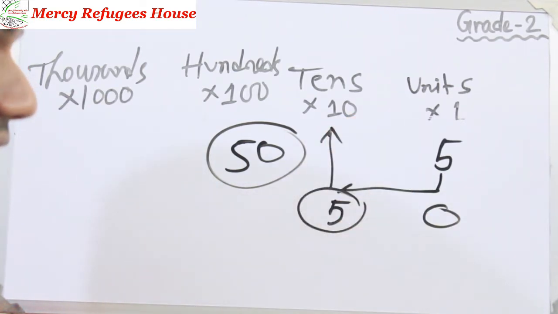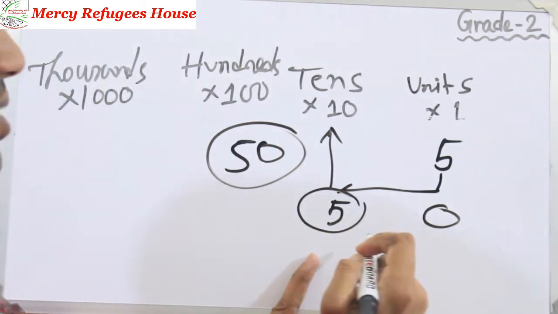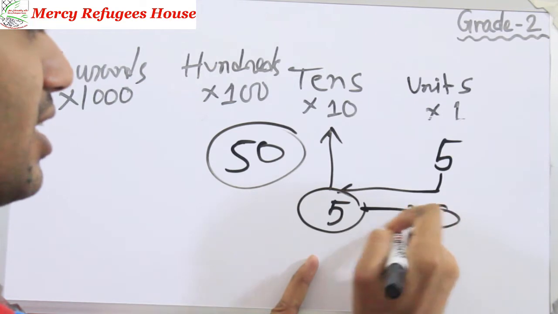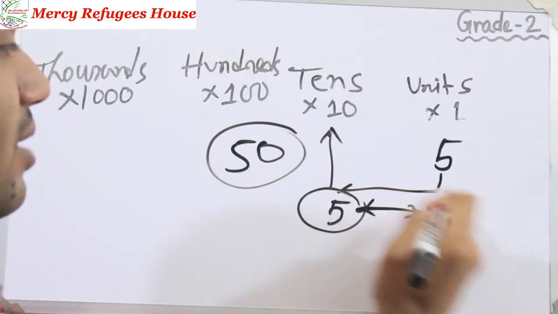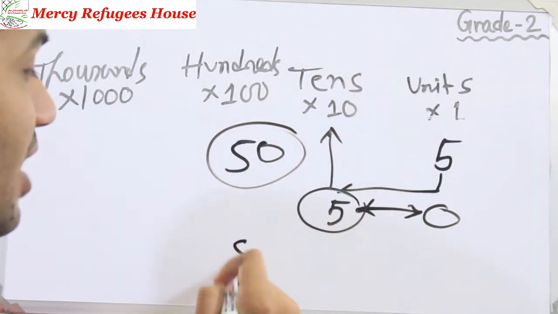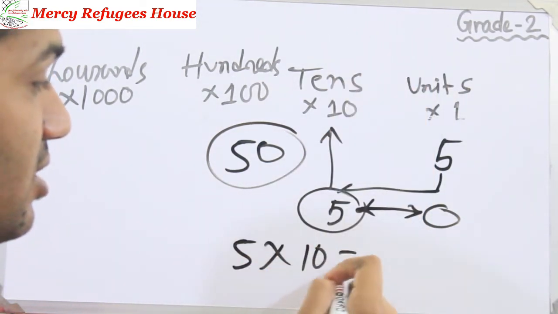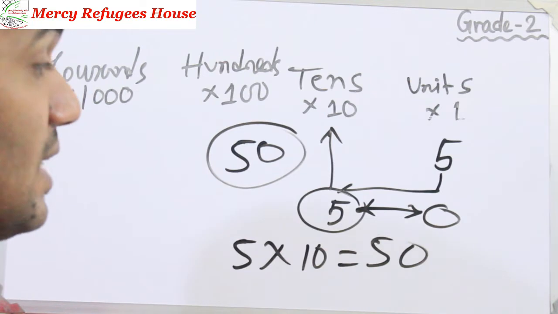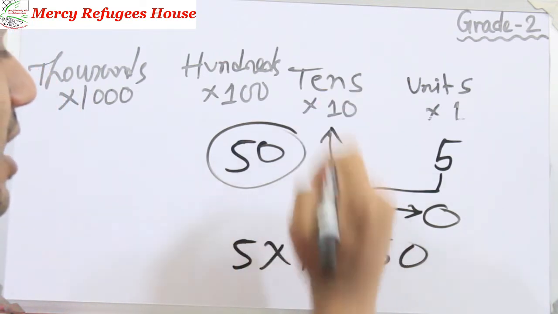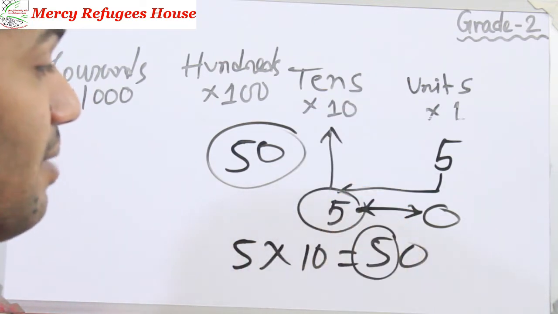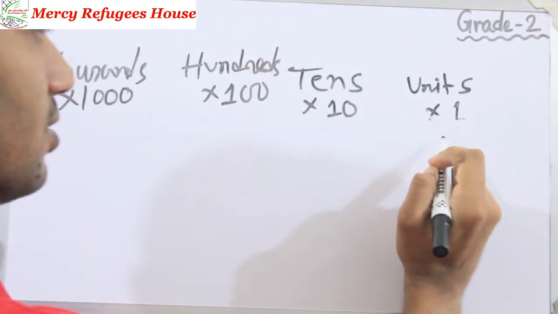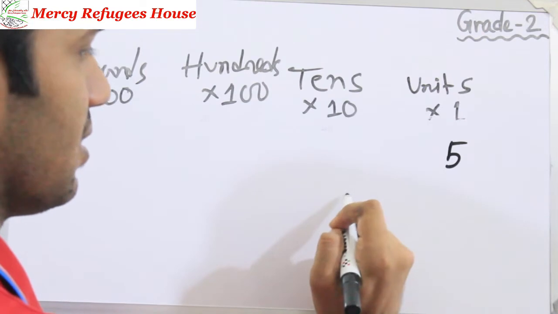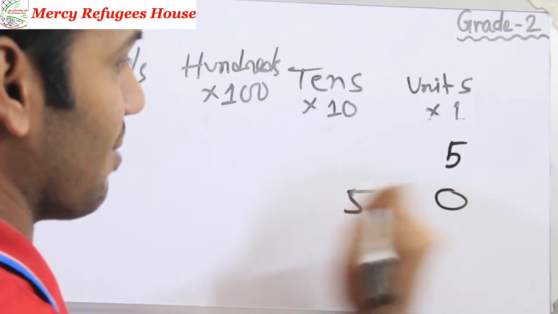If a number has two digits, the second digit becomes the tens. That means 5 times 10 equals 50. That's how we get it. So unit number and then tens number.